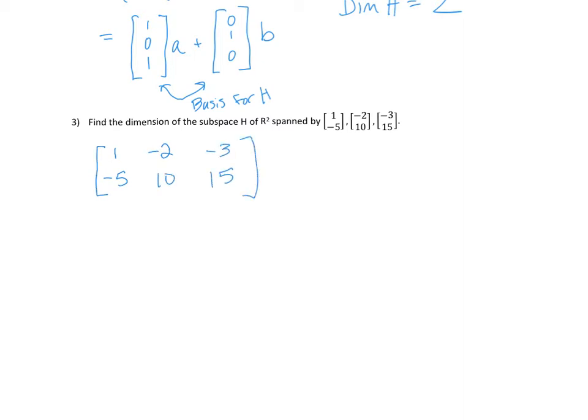I could row reduce, but as I just wrote that down, I noticed immediately that these 2 vectors are multiples of each other. If you do (1, -5) times -2, you get (-2, 10). So immediately I can take one of those out because that makes the set not linearly independent.